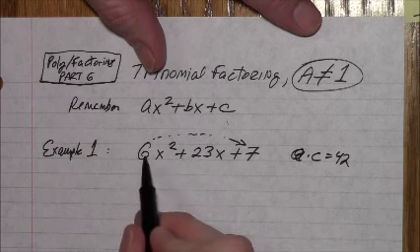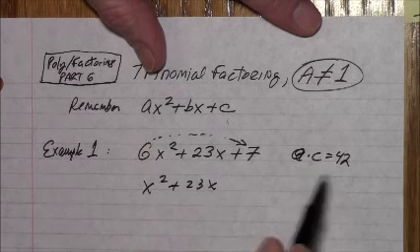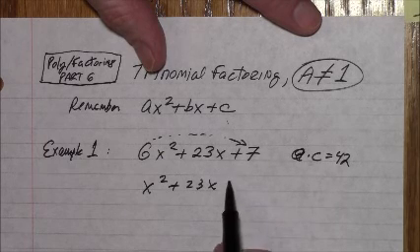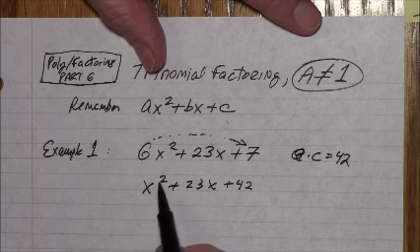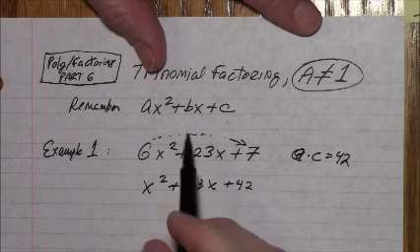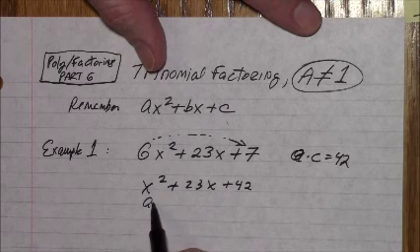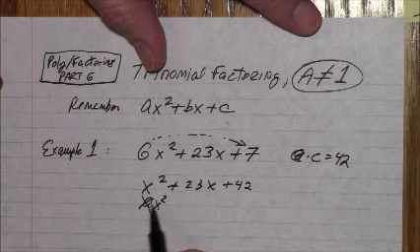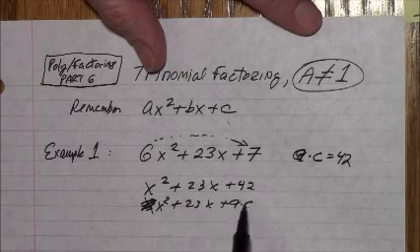So what we do is we're removing the 6, and we're changing the 7 to a 42. So in other words, instead of ax squared plus bx plus c, what we actually just did is take the a out, plus 23x plus a times c.